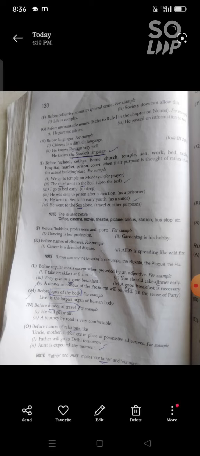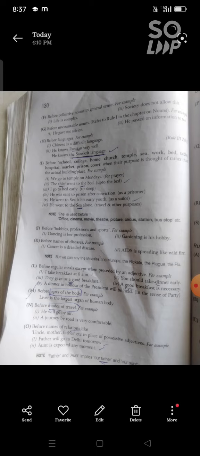And one more important note: "the" is used before office, cinema, movie, theater, picture, circus, station, bus stop. Always we use the article before these words. Here we don't consider any primary or secondary purpose; whenever we use these words in sentences, definitely we use the article.